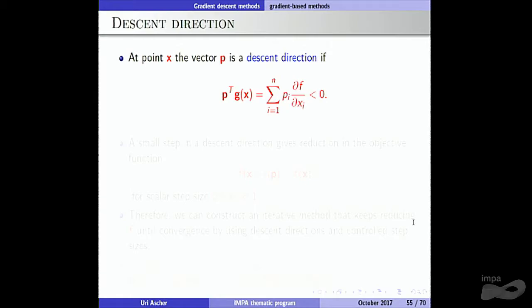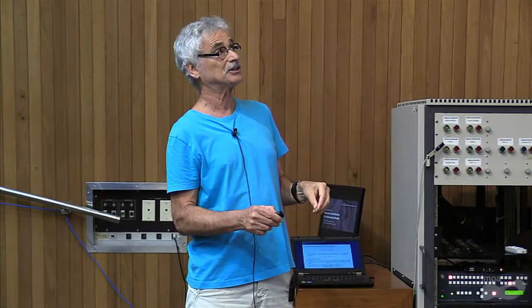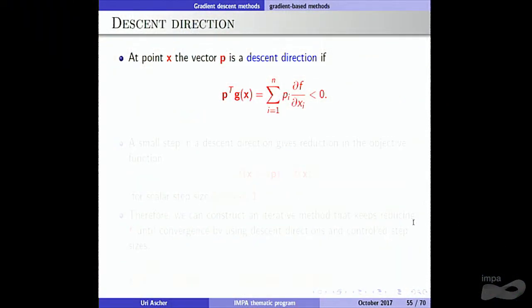For gradient descent methods, you have to look at what is the descent direction. Let's say that I'm in IMPA, and the time is kind of late, and I want to go home, and I have to find a way where it goes downhill until I get to the Lagoa. So I want a direction that will take me downhill. That would be a direction p such that the inner product of p and the gradient is negative.